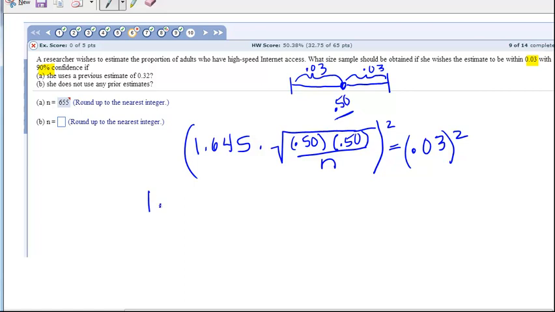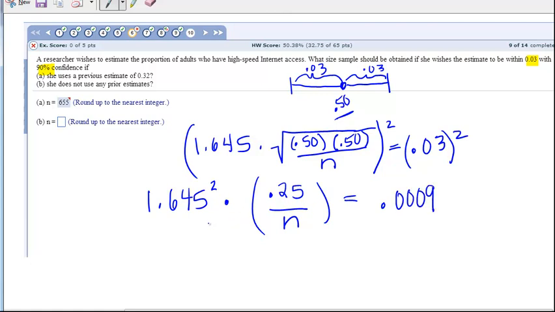So then we're left with 1.645 times square root 0.25. Oops, I'm forgetting to square everything. So 1.645 is being squared, and when we square this, we just get rid of the square root sign. And then I'm also going to simplify. So 0.50 times 0.50 is 0.25 divided by n. And that, we calculated on the last one, 0.03 squared is 0.0009.